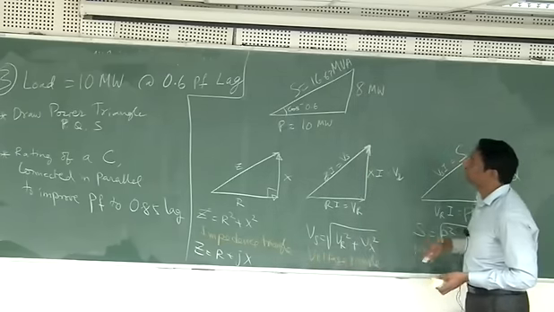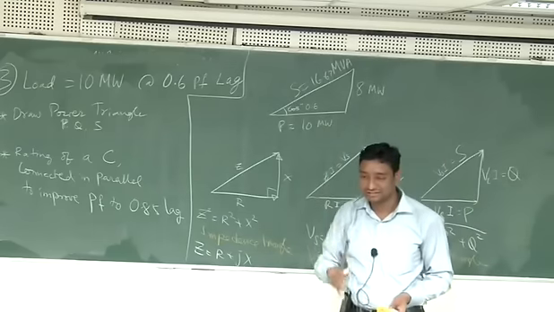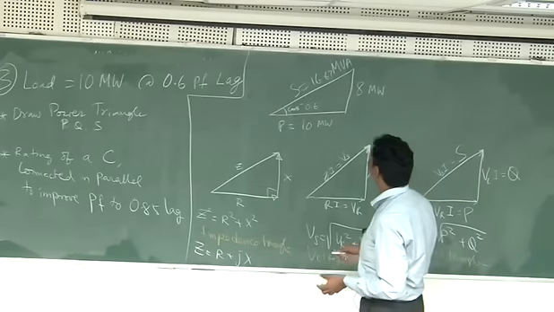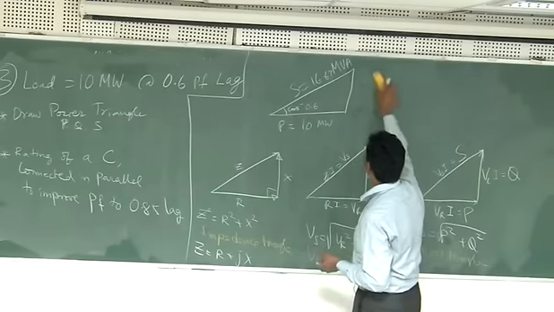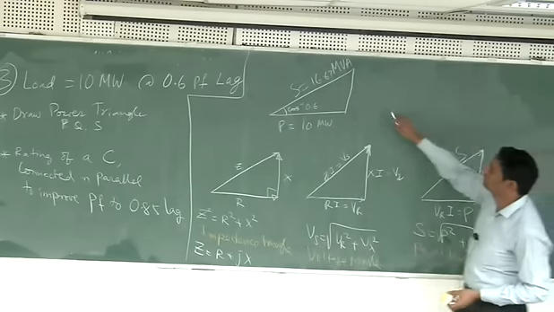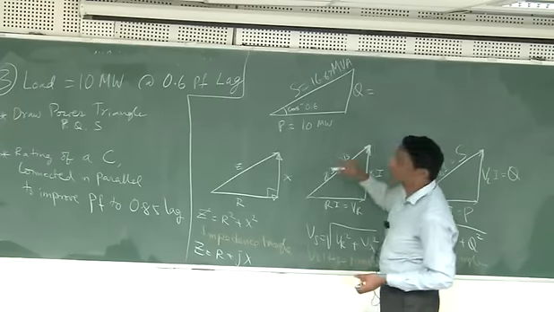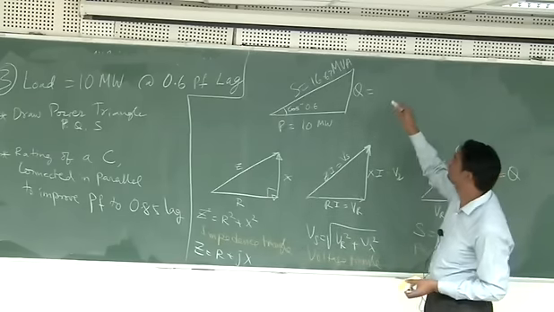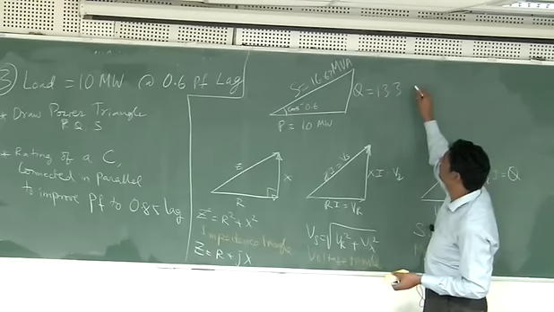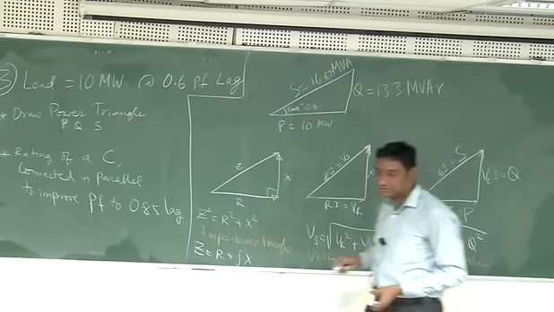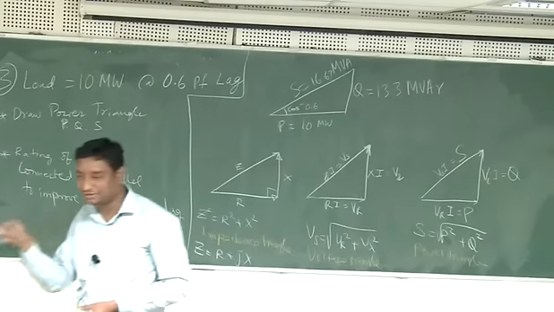Because if one is 0.6, the other will be 0.8, and then 0.8 into S. Someone want to calculate this? What is this Q? 13 point something. Alright. What is the unit? So the unit is MVAR, megavolt ampere reactive.